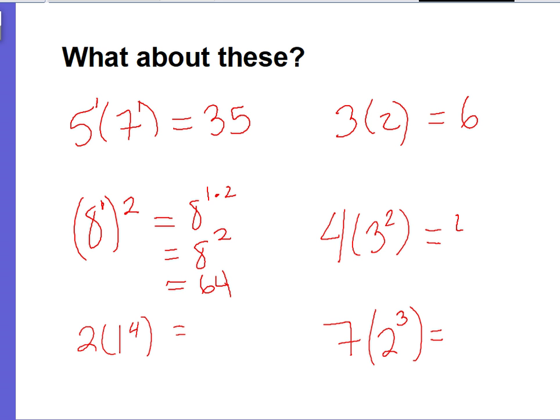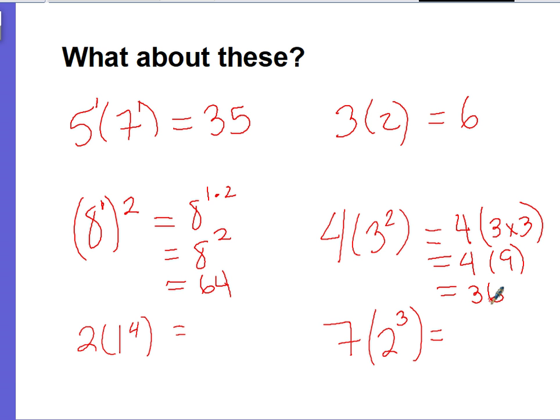So this is going to be rewritten as 4 times, and what is 3 to the second power? That's really 3 times 3. You're not actually obligated to rewrite 3 times 3, but it'll help you just to see what's happening. And this means that that's 4 times 9, and 4 times 9 is therefore 36. Again, I'm not obligated to go from left to right.